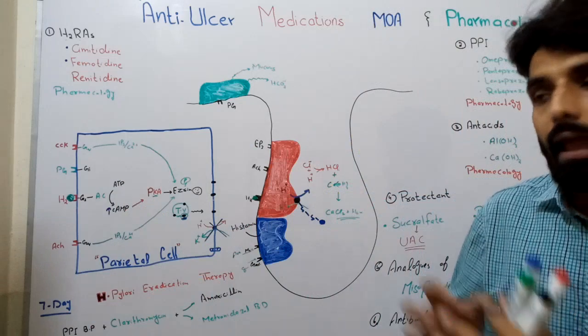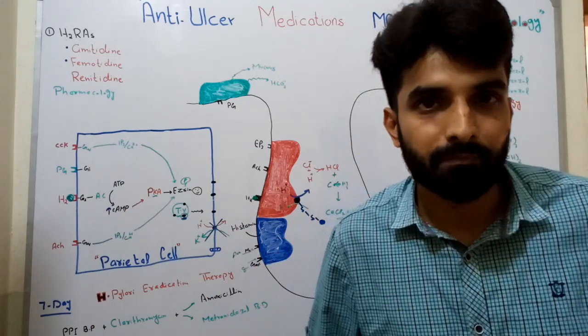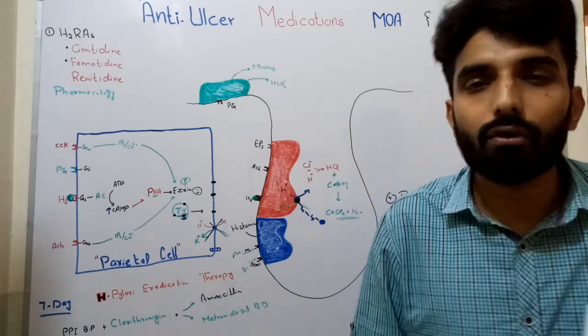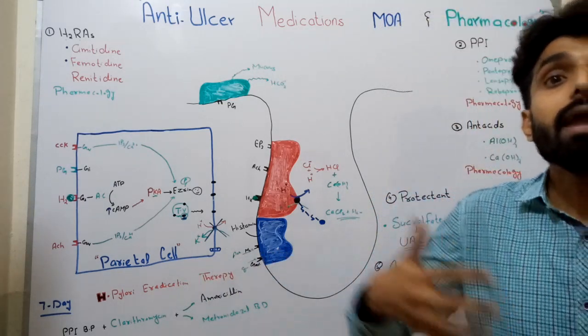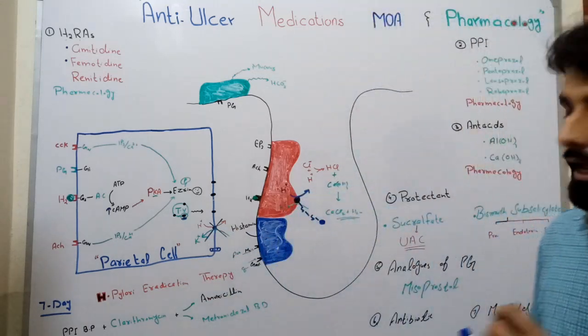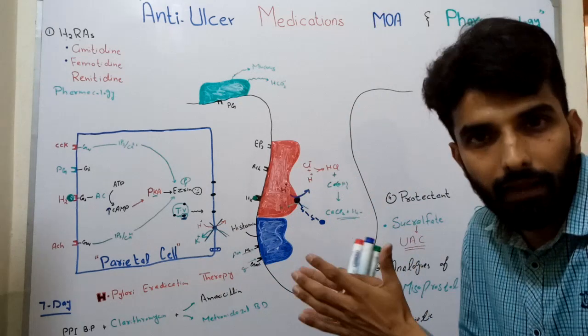You know that at that particular site exudate will come out. Exudate is basically a proteinous fluid that comes out at the site of ulcer in response to inflammation.